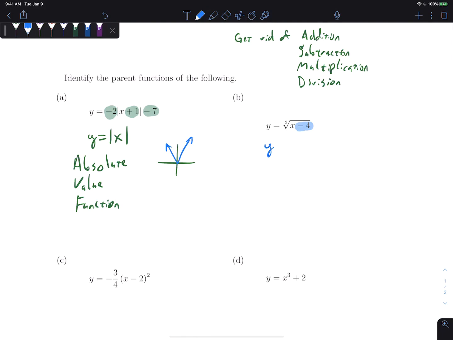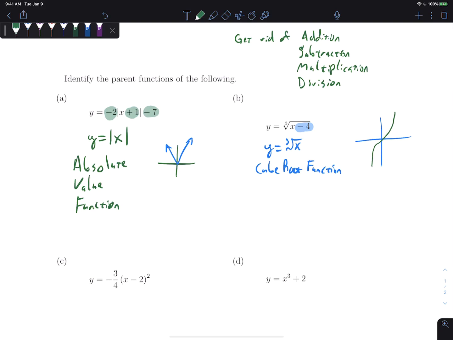So we have y equals the cube root of x. And there you go. That's the parent function. This is the cube root function. The cube root function looks something like this. I call it kind of a weird S, if you will. And yes, I did say weird S, not anything else.